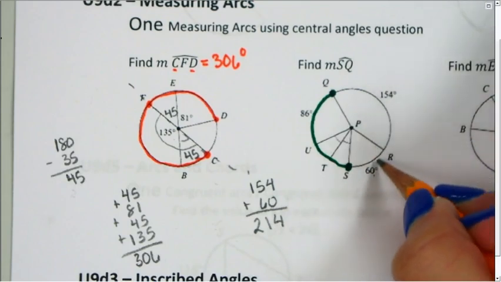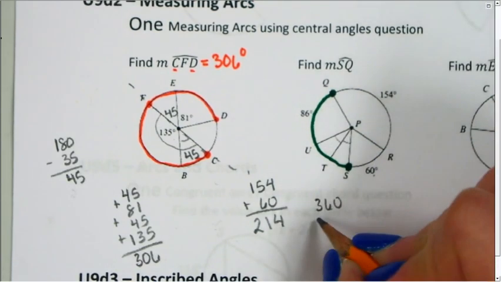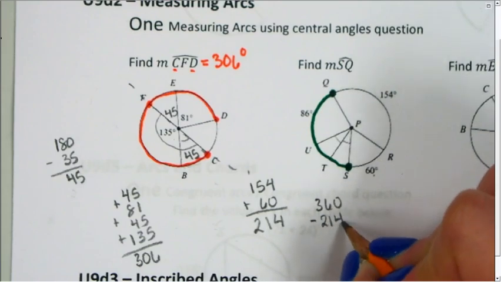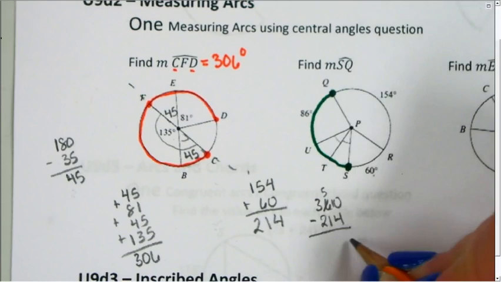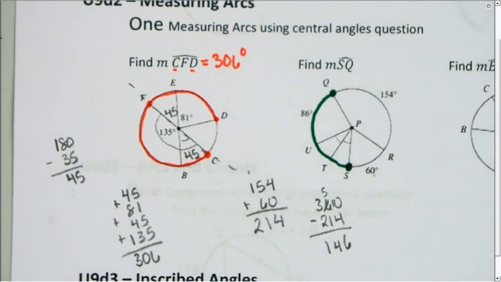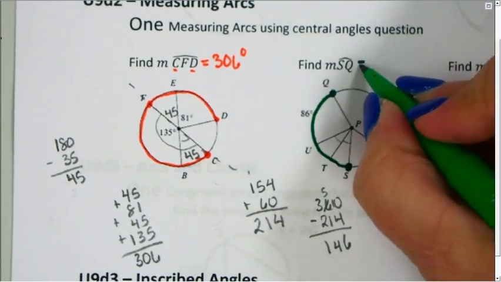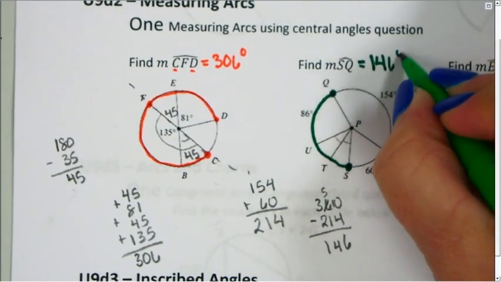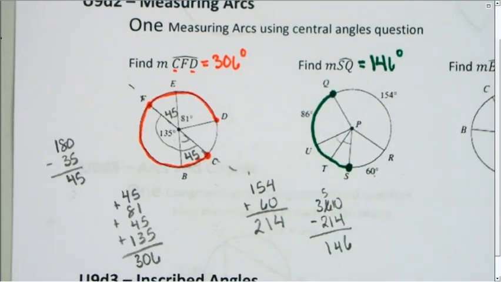That's the part of the circle I don't want. So out of the 360 degrees, I don't want 214 of them. So I'm going to take away 214, which is going to leave me with 146 degrees for this arc right here. That's the measure of arc SQ.